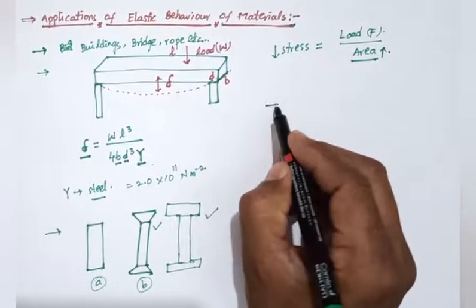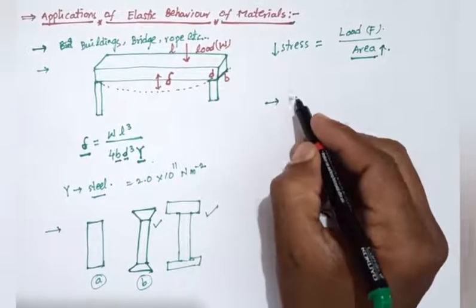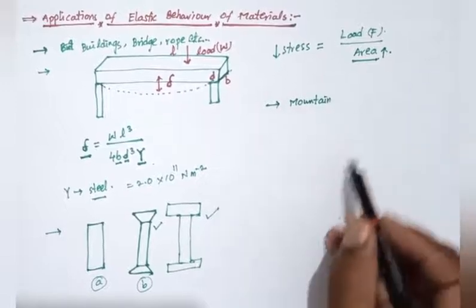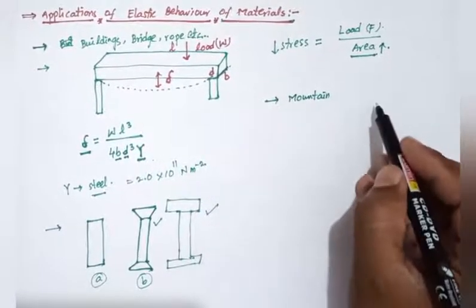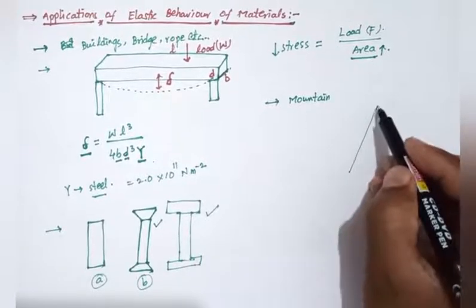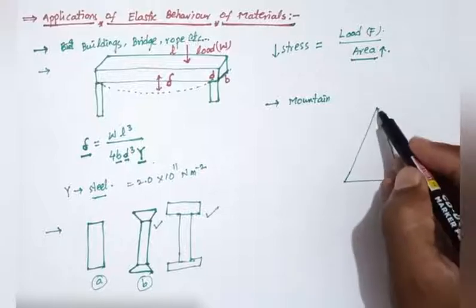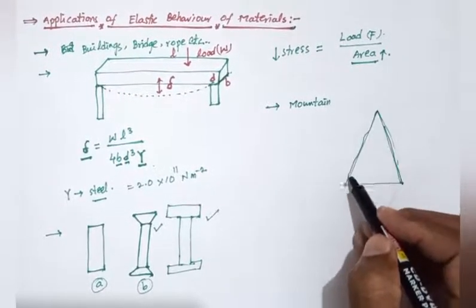Next, we can conclude about mountains. Mountains have a pyramid shape, like this shape, not accurately, but like this.